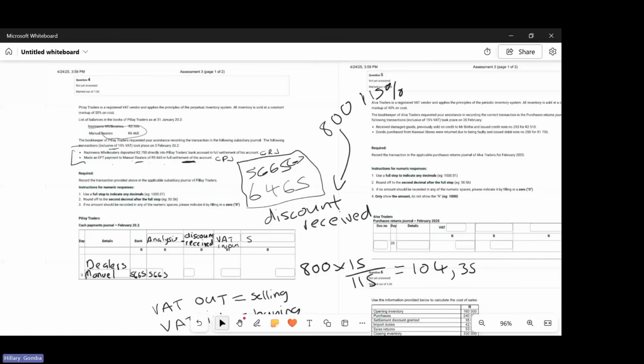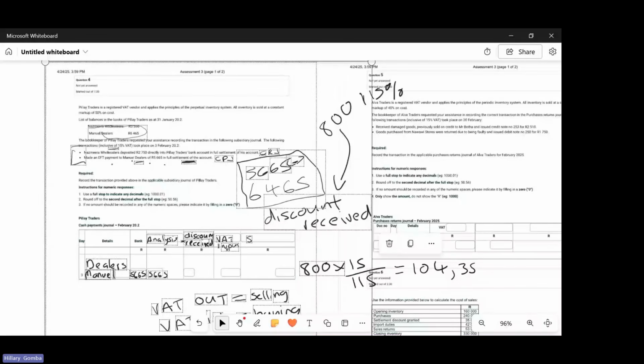So from here, our VAT is going to change from VAT in to VAT out, which means the amount should be 695.65 cents.